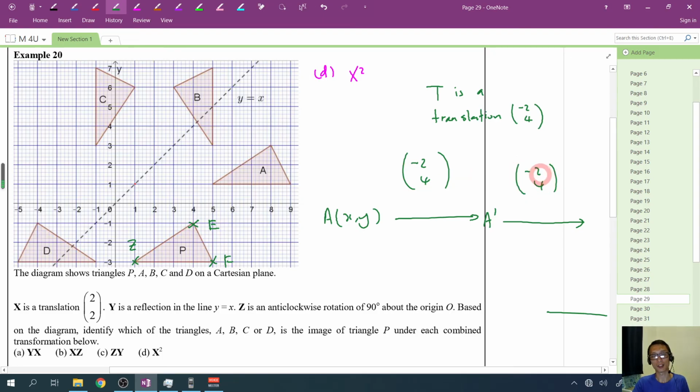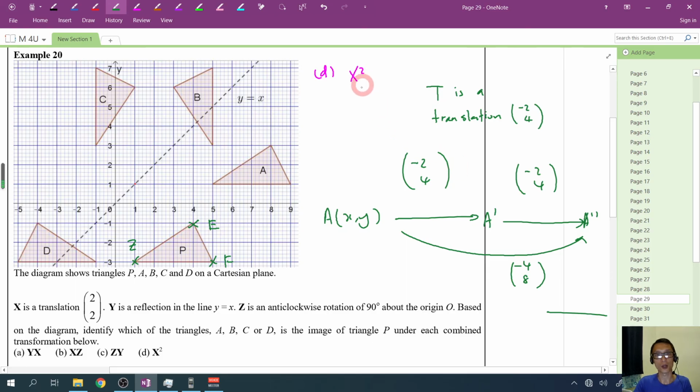If you want to be faster, you want to go straight from here to the final answer, you can combine these two together and become (-4, 8), because -2 and -2 gives -4, and 4 and 4 gives 8. So just be more careful when you see a square here. You cannot square this number. The square just means 2 times of the transformation.